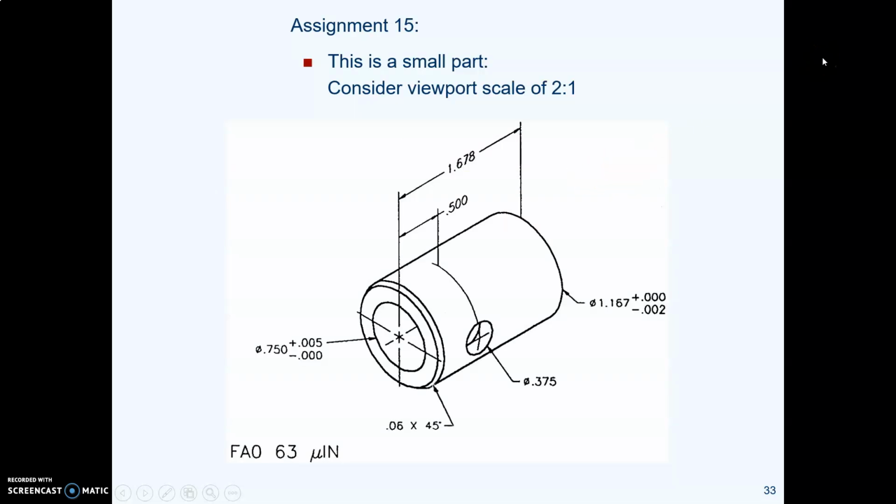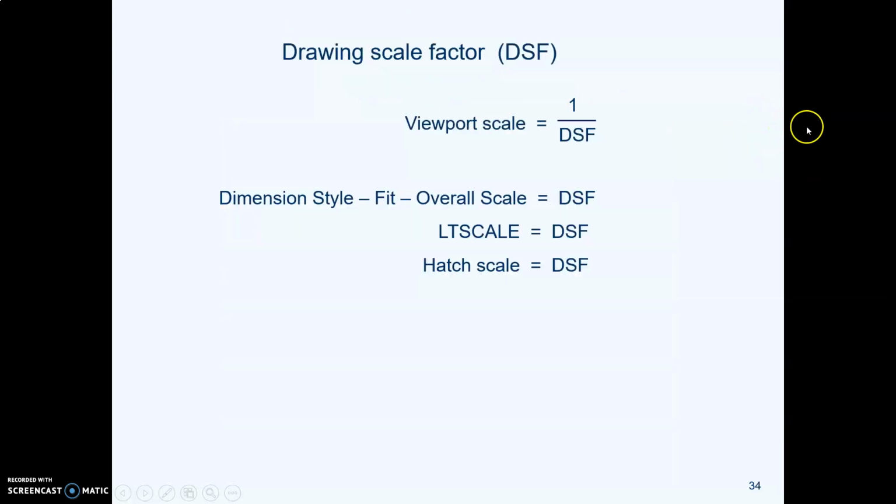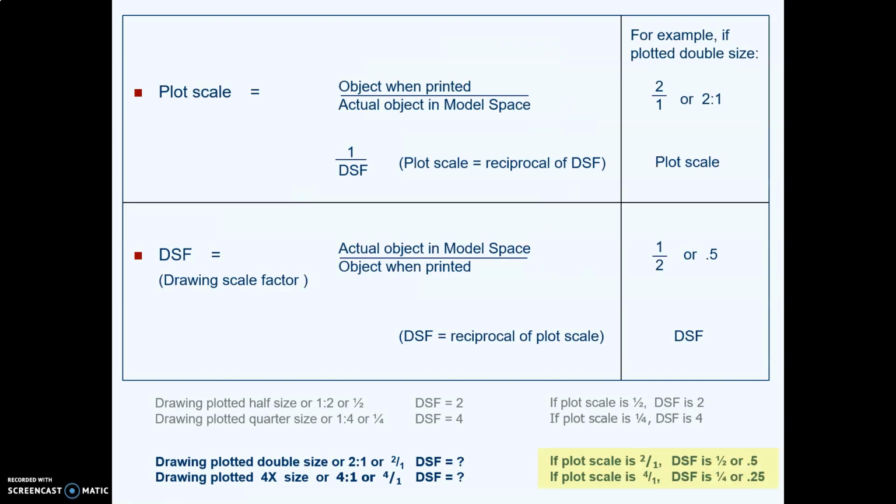This is a small part. It's only 1 11/16 long. So I recommend that you scale your viewport double size. Make your viewport 2:1. Now that is going to affect your drawing scale factor. Up to now, we've been looking at viewports that are 1:1 or 1:2.